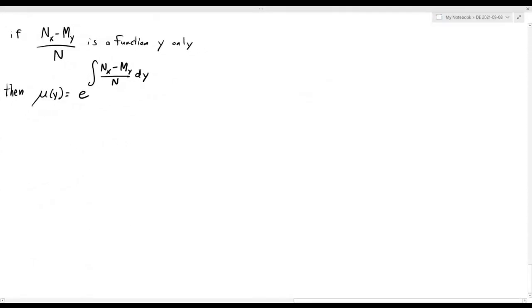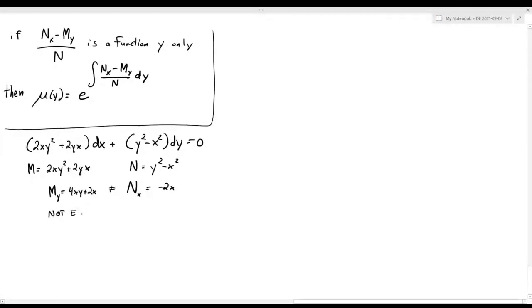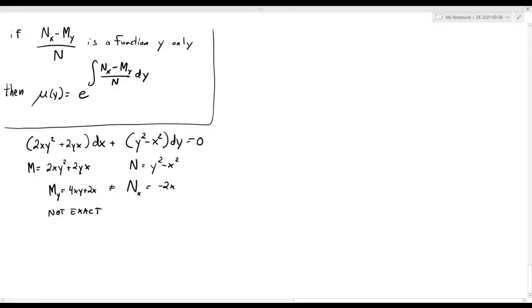So let's see that in action. We identify m as the thing multiplying dx, and n as the thing multiplying dy. Check for exactness. So these partial derivatives are not equal, so our differential equation is not exact, meaning that we can try to find an integrating factor, which after multiplying our equation on both sides, we would get something that is exact.